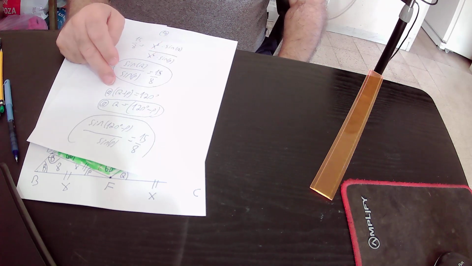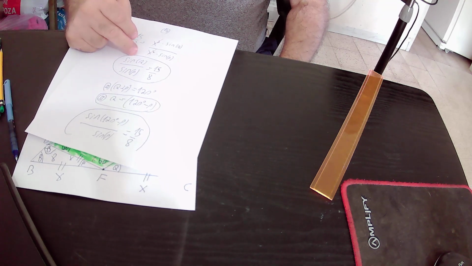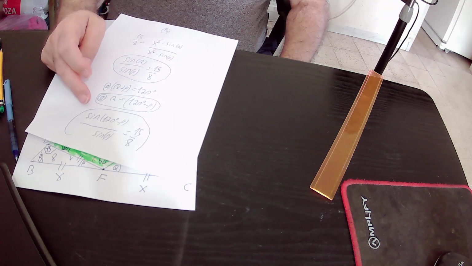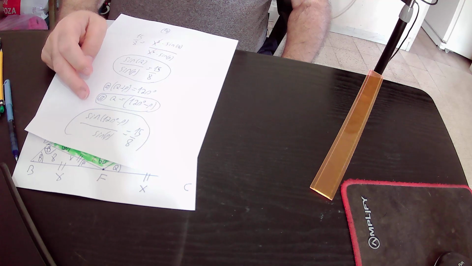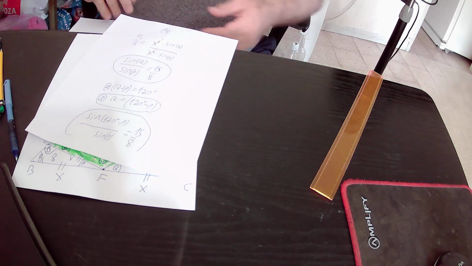We will subtract p from this equation number 2, and we get that q equals 120 degrees minus p, so we can substitute q in this equality by 120 degrees minus p, and we will get that sine of 120 degrees minus p over sine p equals 15 over 8.